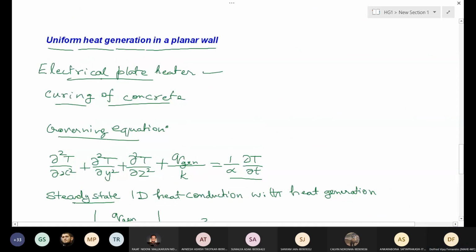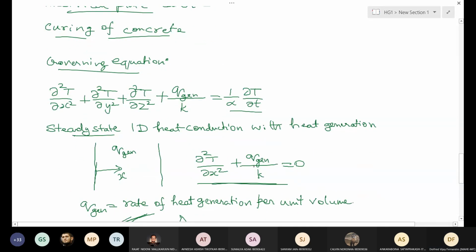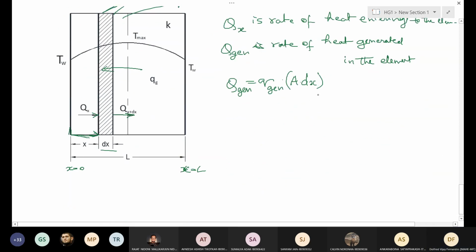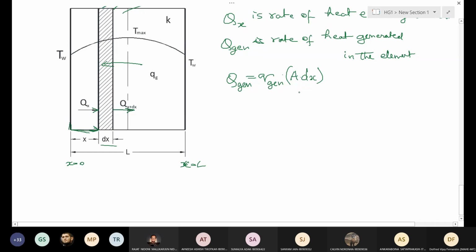Understand? Where q generation, which I have written here, is the rate of heat generation per unit volume. So what is the unit of this? Watt per meter cube. So we have to multiply by the volume of the element, and we will have the total heat generated within this small elemental volume.